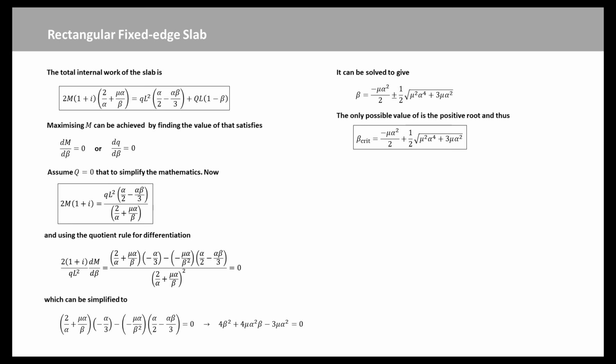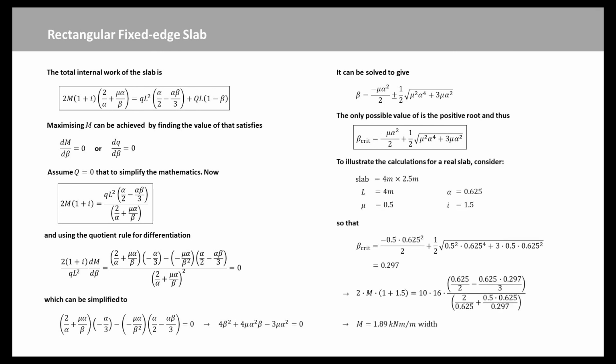We know beta critical depends on the factors mu and alpha, which define the orthogonal reinforcement and the ratio of the side lengths of the slab. To illustrate the calculations for a real slab, consider a slab 4 meters times 2.5 meters, so that L equals 4 meters and alpha equals 0.625.